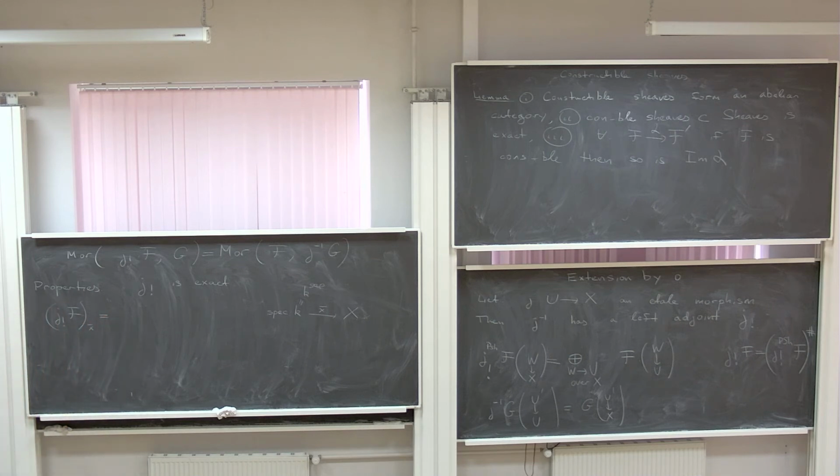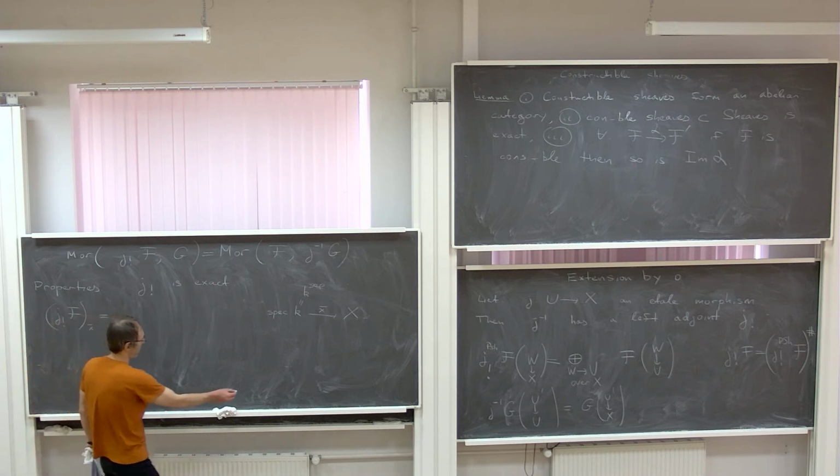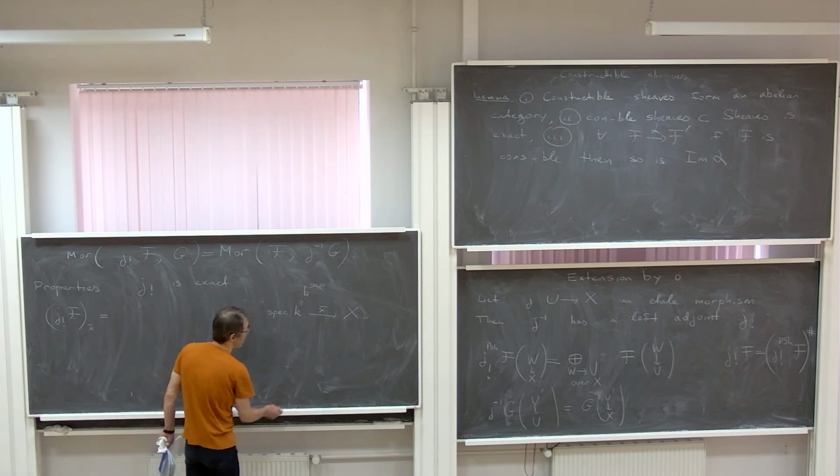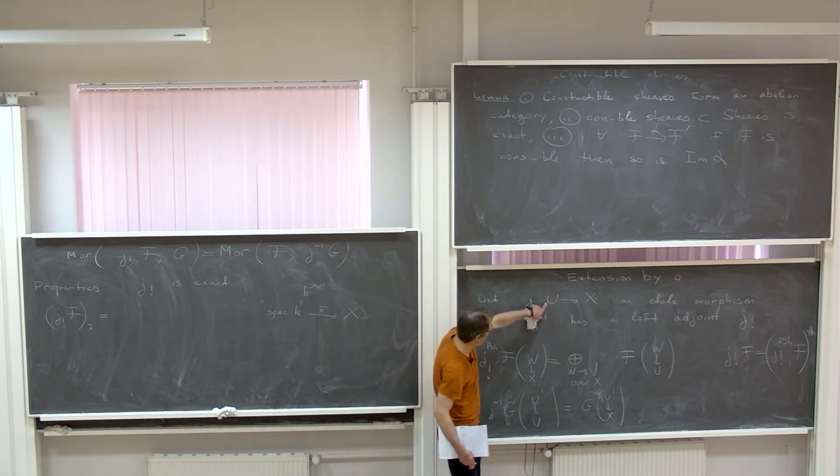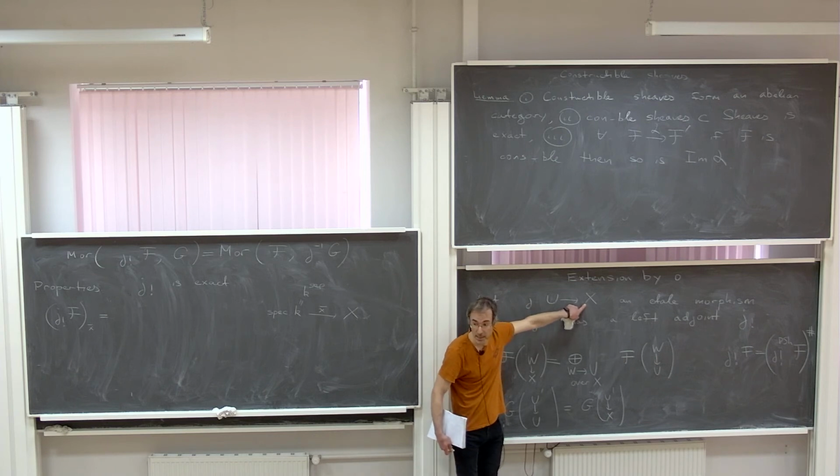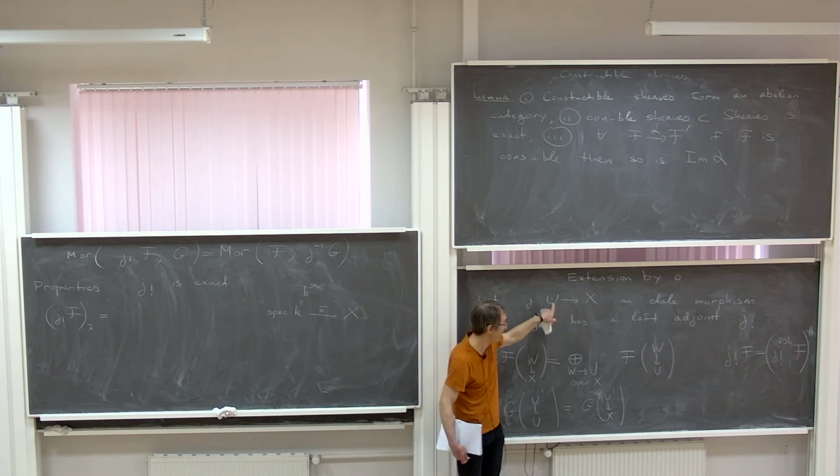Can you tell me what should be the answer? It should depend on whether x is the image of U or not. Exactly. So in the case when U is an open subset of X, the answer should be the following: it's either the stalk of F at point x if my point is in U, otherwise it's 0.